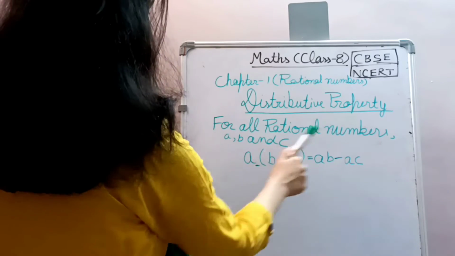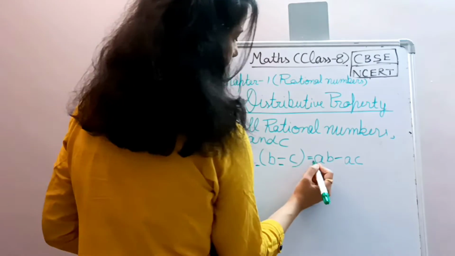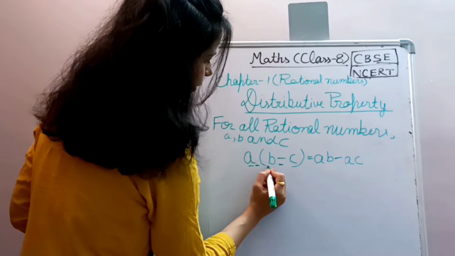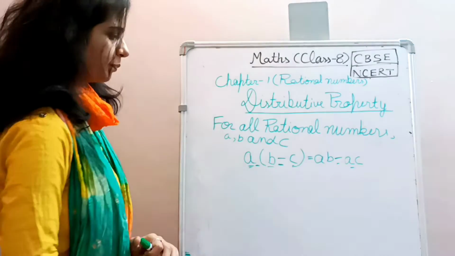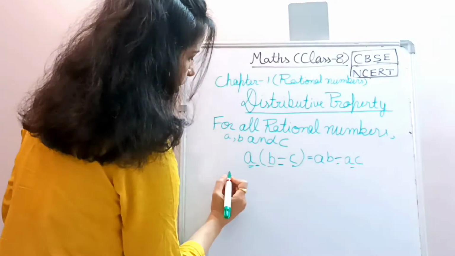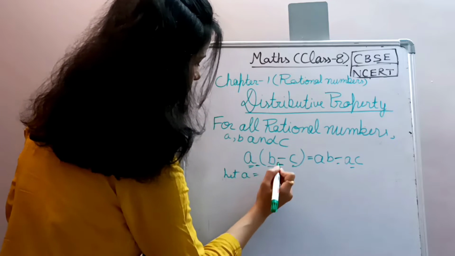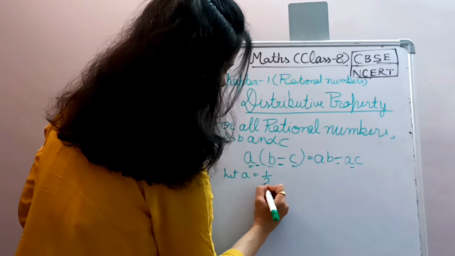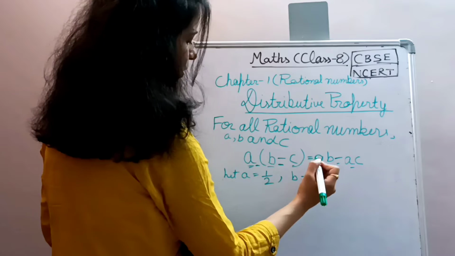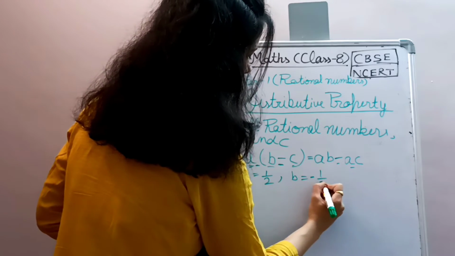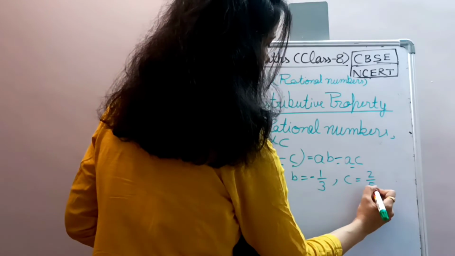For all rational numbers a, b and c, a multiplied by b minus c is equal to a multiplied by b minus a multiplied by c. Let's take an example. Let a is equal to 1 upon 2, which is a rational number. B is equal to minus 1 upon 3 and C is equal to 2 upon 5.